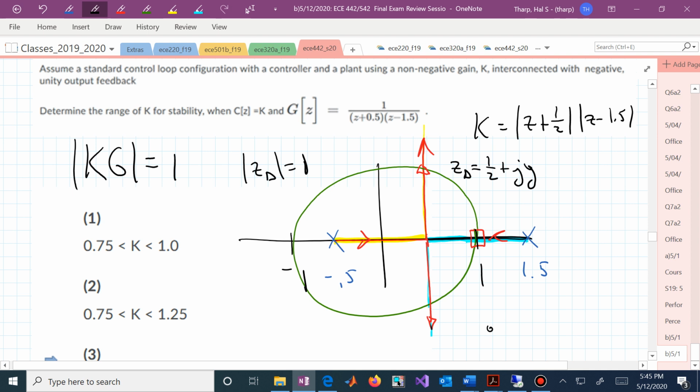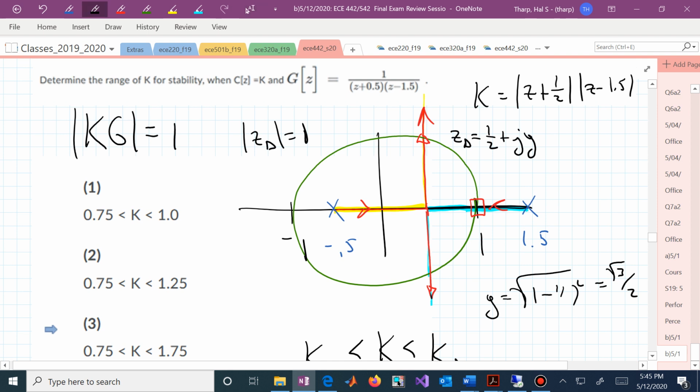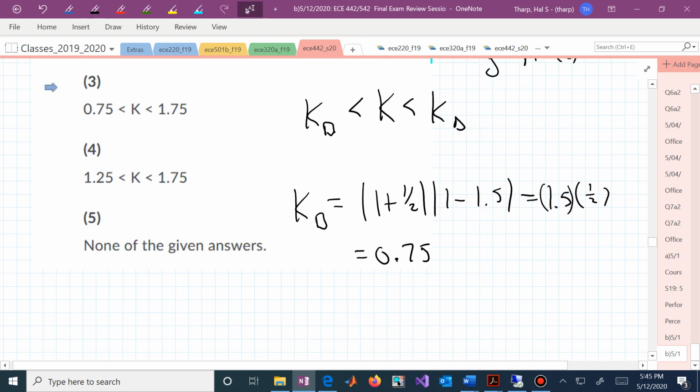So now we know that y is going to equal the square root of 1 minus 1/2 squared, or this is now, I hope I'm doing the algebra right, square root of 3 over 2. You won't be able to tell because my notation is so sloppy, but this is now 1/2 squared. This is now 1/2 plus j square root of 3 over 2.